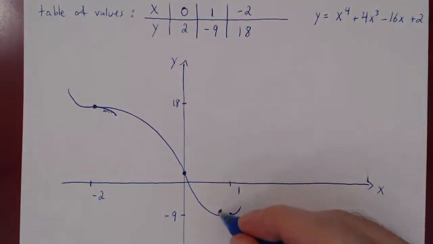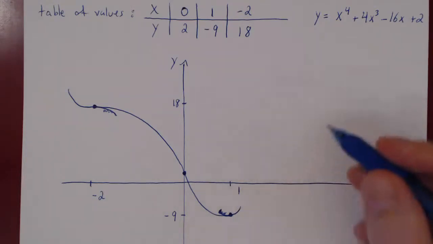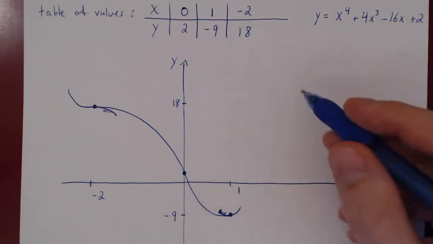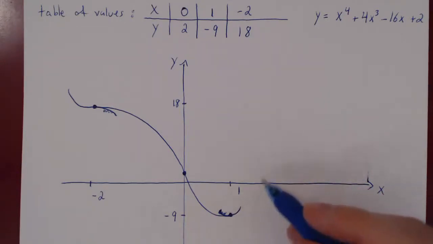And again, I'll fix my target here. And the great thing is, to the right of 1, there are no critical points or inflection points, so the curve will never change its behavior again. It is concave up, it will remain concave up forever. It is increasing, it will be increasing forever.